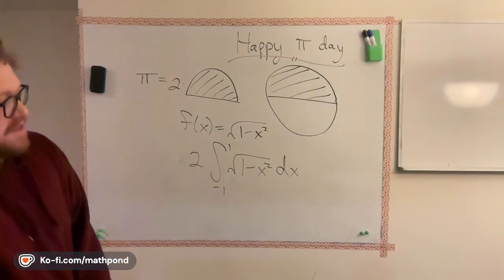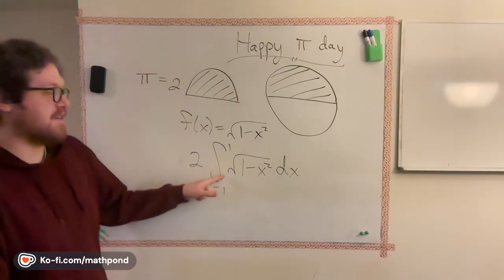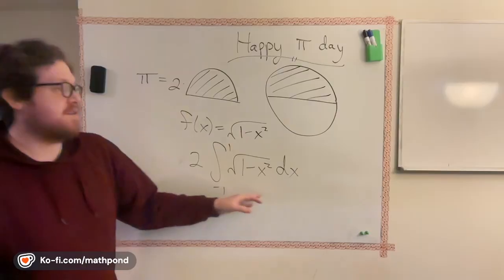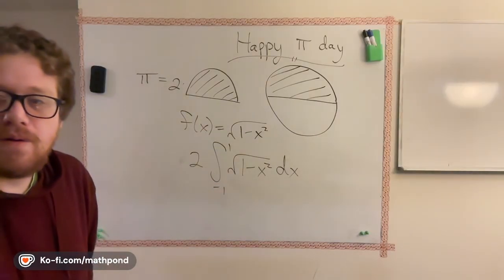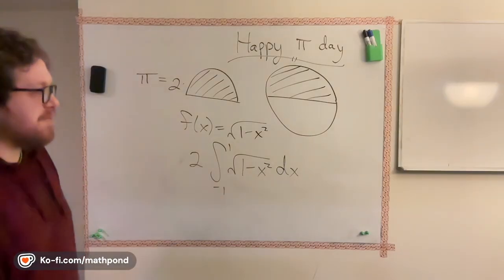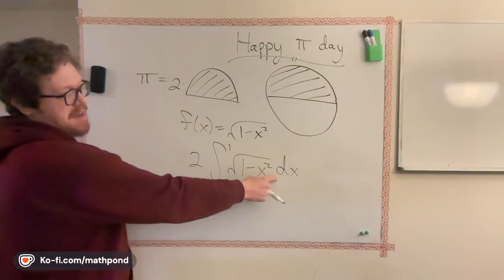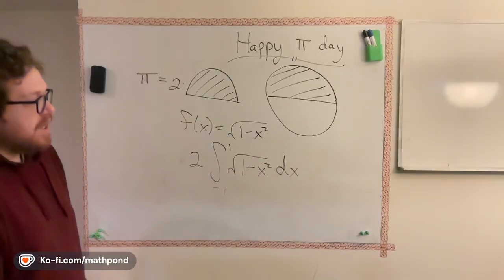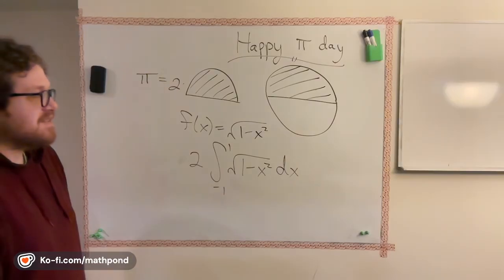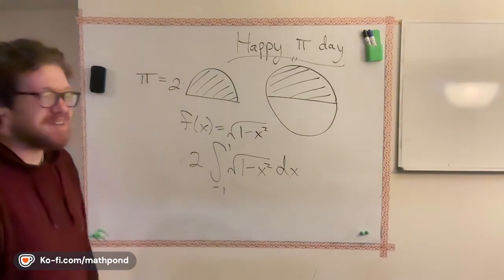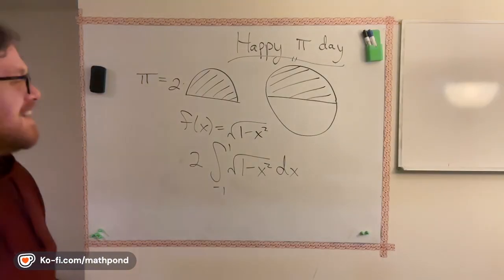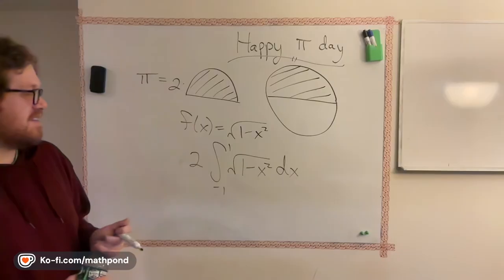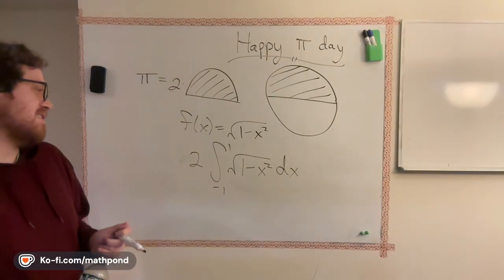I don't think u substitution works though, because we don't have an x out here. Maybe if we had an x out here, we could do a u substitution for 1 minus x squared. But if I substitute 1 minus x squared, then I don't have an x dx on the outside, so I don't think that's going to help. We need to cheat somehow, use some sort of trig substitution, which maybe we're assuming. Maybe it doesn't assume pi, I guess. Or does it?